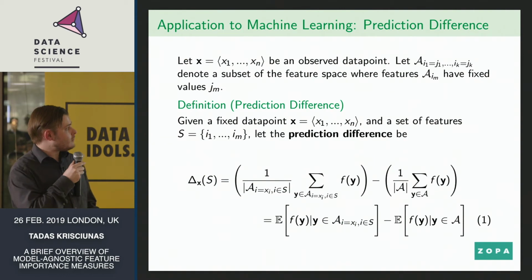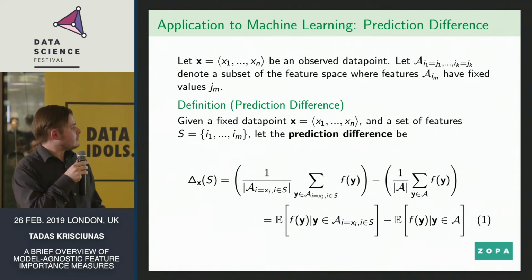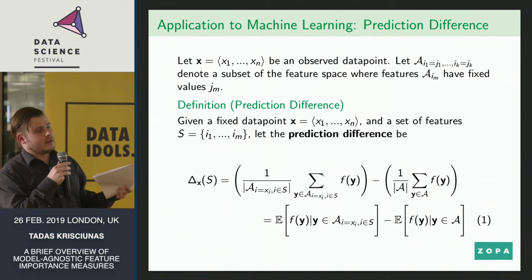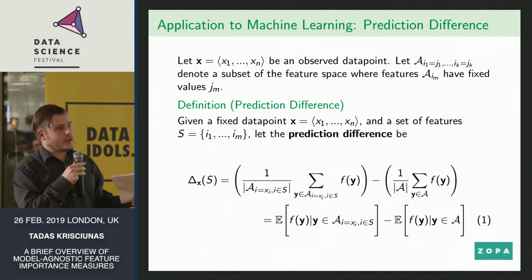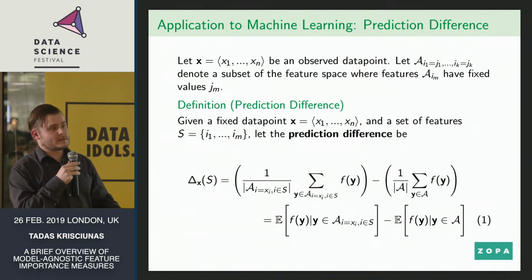Well, to formalize this notion, we can think of prediction difference. So for any fixed set of feature values, we can look at the prediction difference of the model's expected value when those features are fixed versus the overall average value over all feature space.